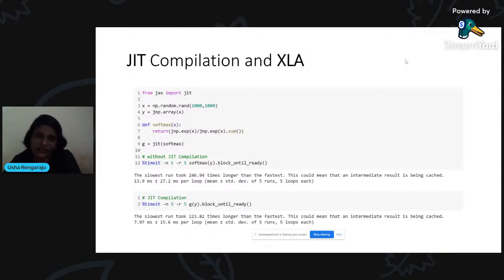Without JIT compilation, it takes around 13.9 milliseconds, whereas with JIT compilation I'm able to achieve 7.97 milliseconds, which is almost a 50% performance improvement.